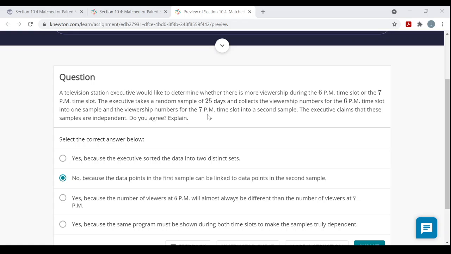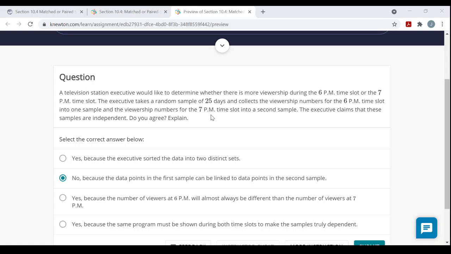So the fact that there could be the same viewer in both time slots, the same people represented by both samples, means these would be considered dependent samples. If they were independent, this person would have taken a random sample of viewers from the 6 p.m. slot and then a totally different sample of people in the 7 p.m. slot.